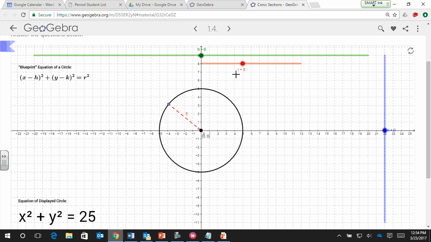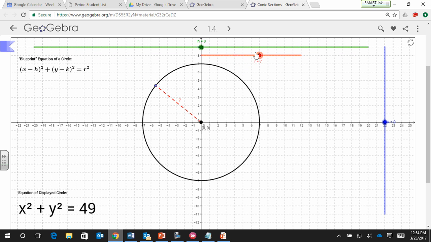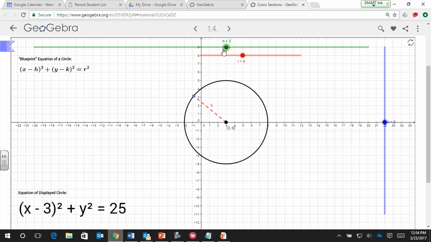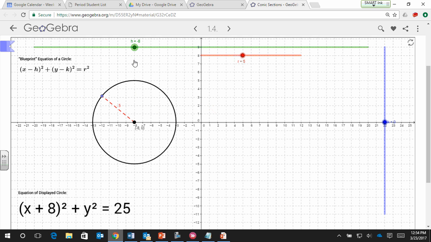So we can slide the radius to make it larger, or we can make it smaller. And then it helps you see that if I move to the right, then my x is going to go x minus 3 in the parentheses. And if I change my horizontal movement left, then to get back to 0, I'd have to go right 8, wouldn't I? So x plus 8, comma 0.